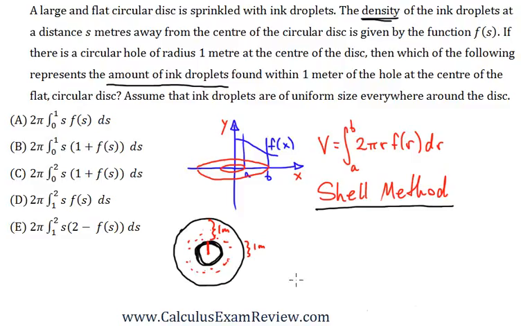Okay. So we're using the shell method here. Let's think about this in a 3D way now, and hopefully what I drew here won't be too poor to show that to you.